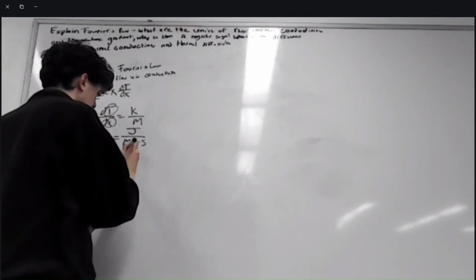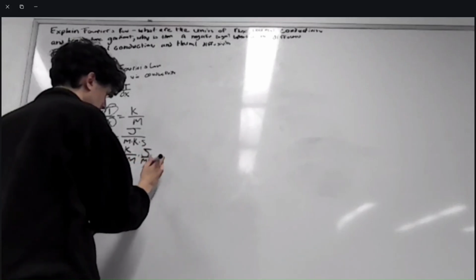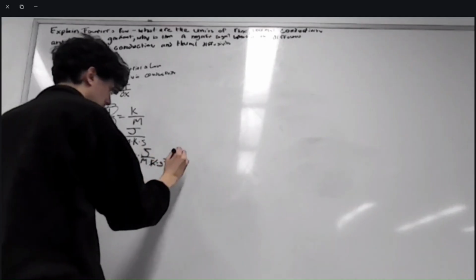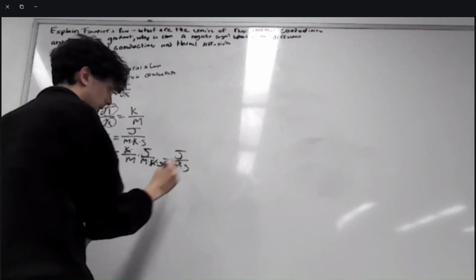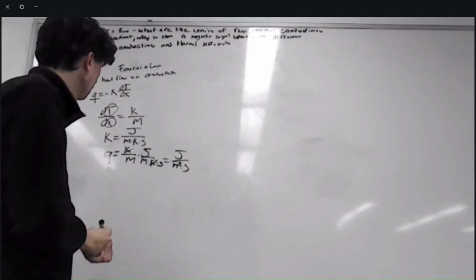So then, to get our heat flux, we can multiply these together, where we have kelvins over meters, and joules per meter kelvin second. We can get rid of these kelvins. Here we get joules per meter squared seconds. So this leads me back to that being a heat flux.